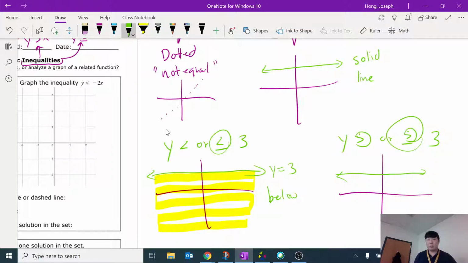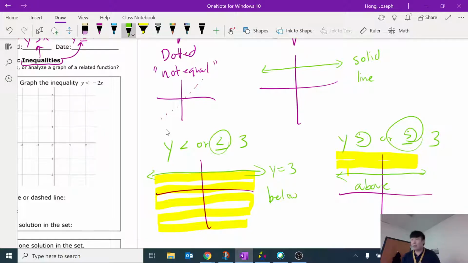I'm going to draw this one with a solid line, and I would have to shade whatever is above. I would shade above my line.